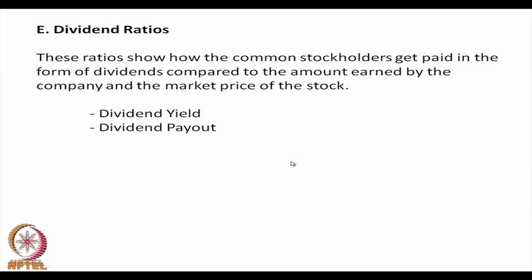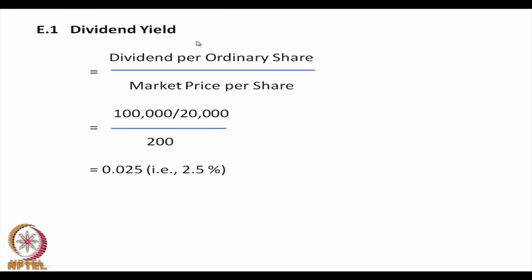Then we come to dividend ratios. This ratio shows how the common stockholders get paid in the form of dividends compared to the amount earned by the company and the market price of the stock. There are two types of ratios, dividend yield and dividend payout. Dividend yield is defined as dividend per ordinary share divided by market price per share.